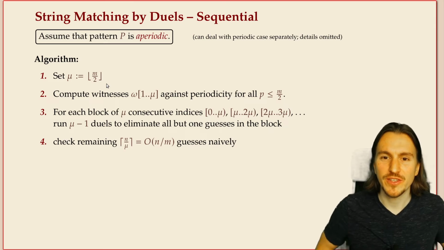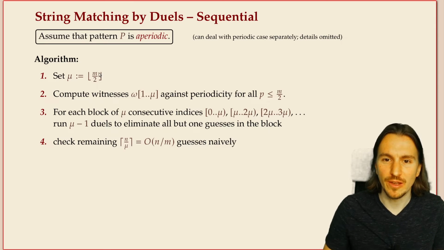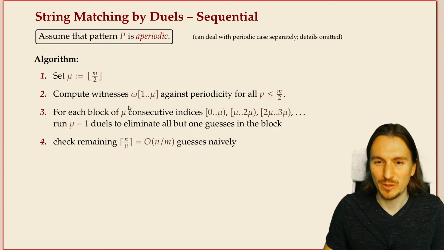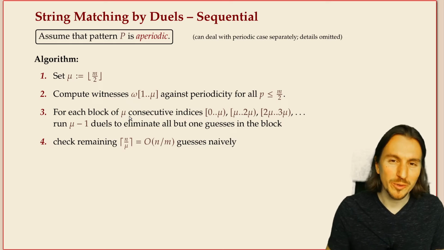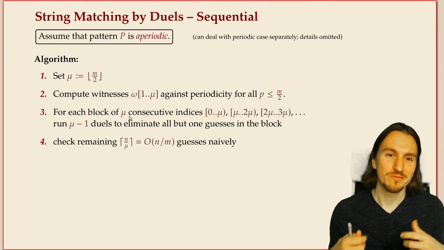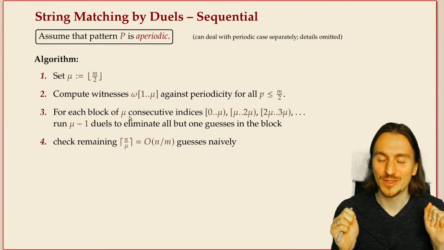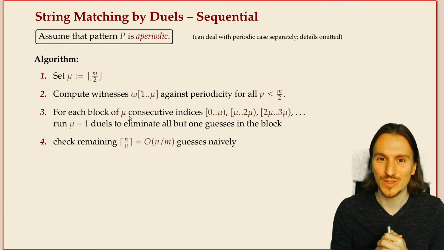Now, then we start by setting this parameter. That's just the length rounded down. It occurs a couple of times, so I wanted a shorthand. Then you compute all the witnesses for all these non-periods. And then you do a clever thing. In the example, we just supposedly randomly compared certain positions and let them fight a duel.